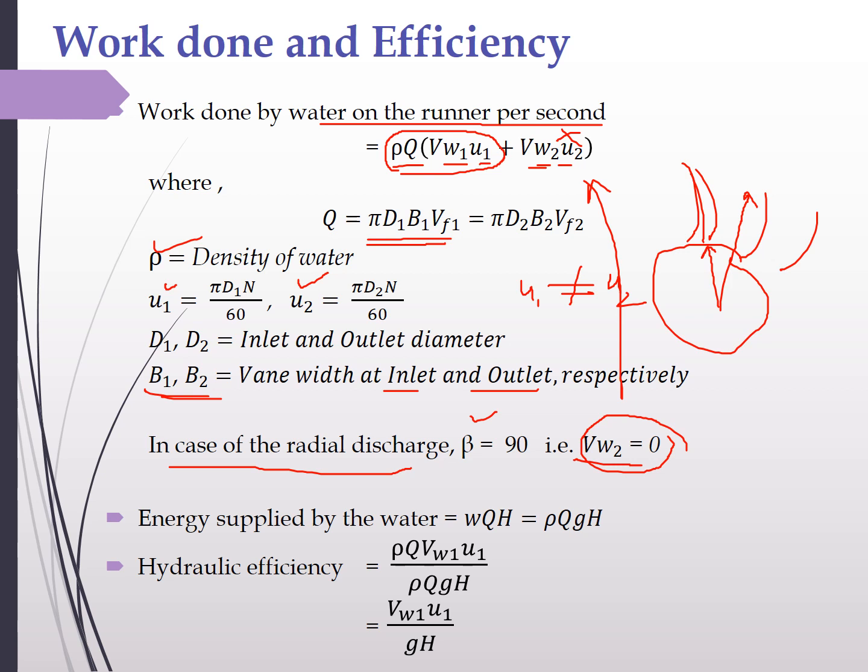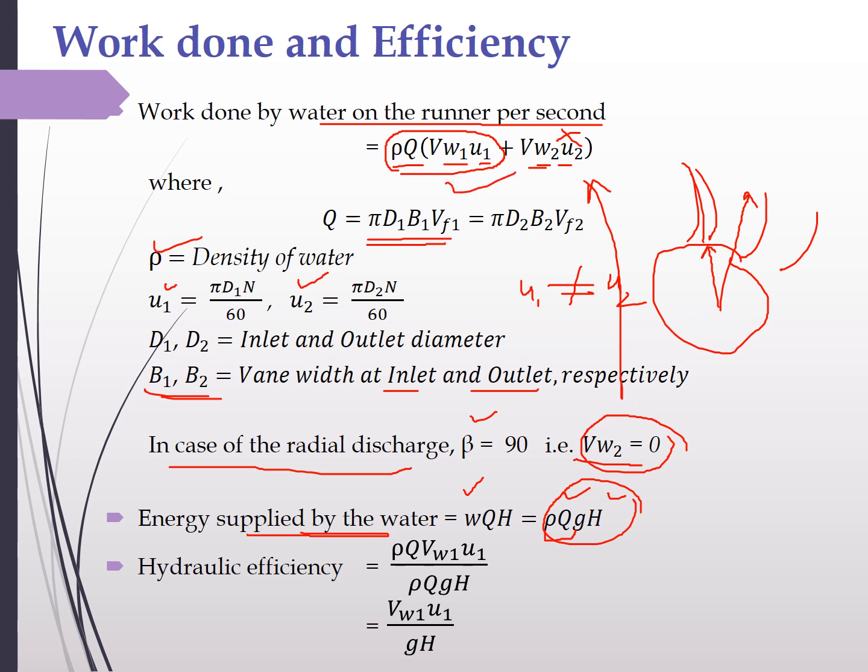As far as the input energy is concerned, it is basically the energy supplied by the water, and it is essentially W Q into H, where W is the specific weight and it can be given by rho into g, Q is the discharge and H is the net head. So we have the input, we have the output.